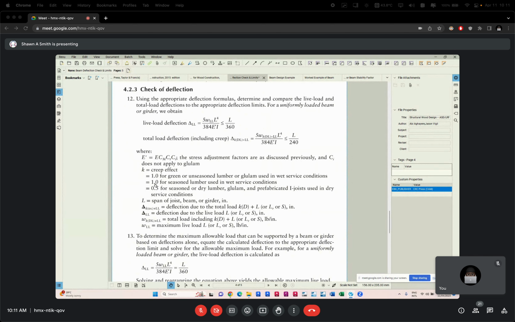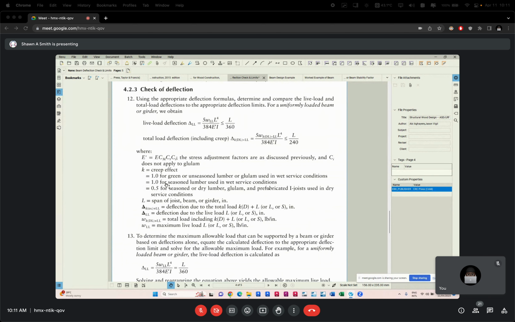K is also equal to 1 for seasoned lumber using wet service conditions. So if your condition is wet, then your K is going to be 1. And it's 0.5 for seasoned or dry lumber or glulam in dry conditions. All right? So we can have either the second or the third case. We don't have the first case because we don't use green lumber in Jamaica.